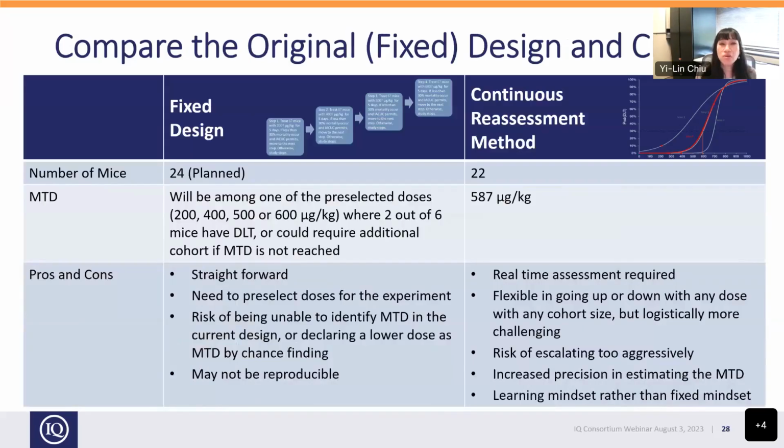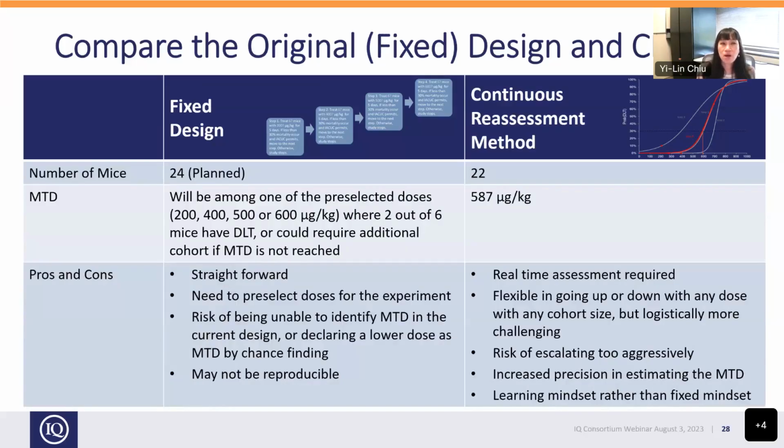Furthermore, this is a comparison between the fixed design and continuous reassessment. The fixed design, we plan for 24, right? Continuous reassessment is really flexible. In this particular example, we use 22.